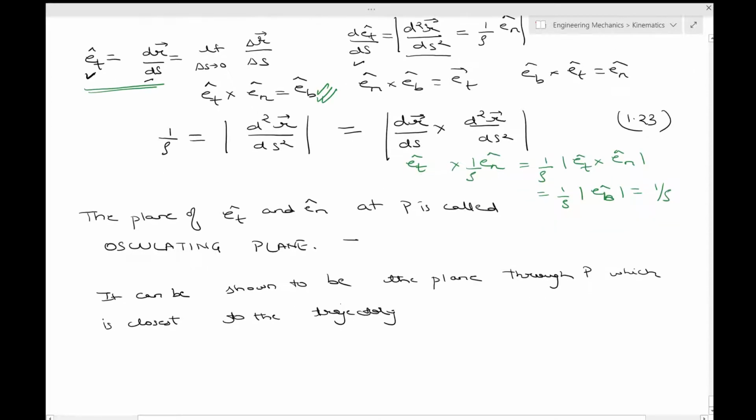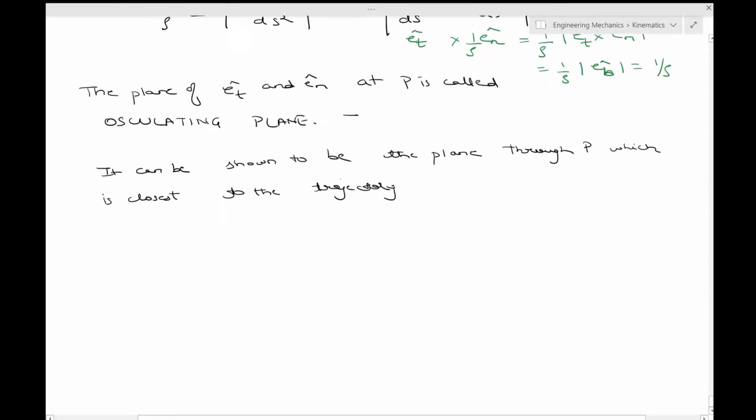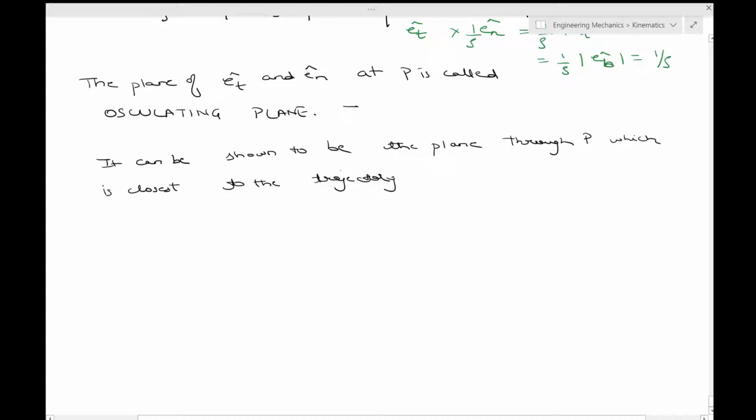Let me now draw another diagram, this time slightly less complicated than the last time. So you have again the path.